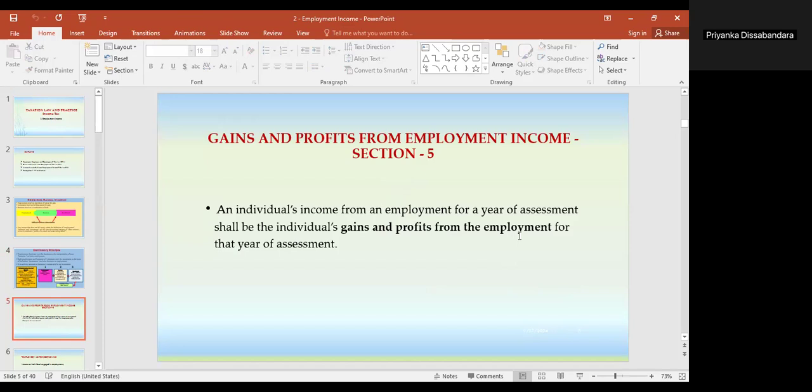Even though we do not deduct expenditure, the normal term we use is gains and profits. අපි profits කියලා සාමාන්‍යයෙන් කියන්නේ වියදමක් අඩු කරාට පස්සේ එන ලාභය. So if we receive gains and profits from employment, we have to categorize it under employment income.